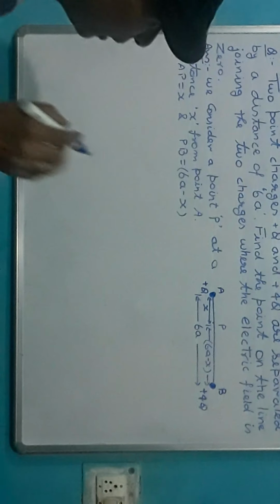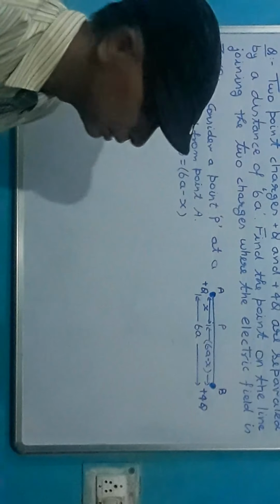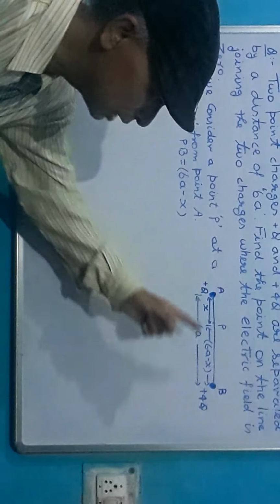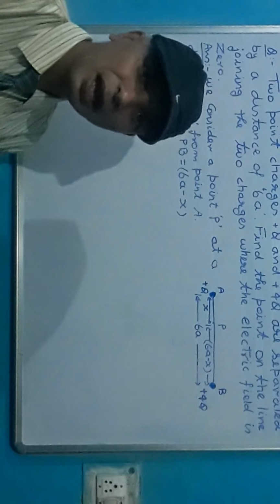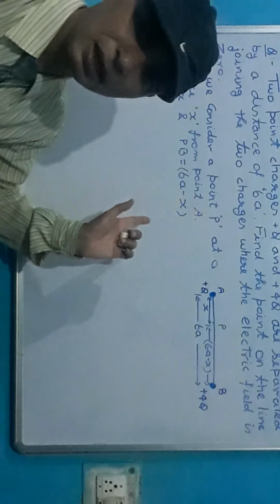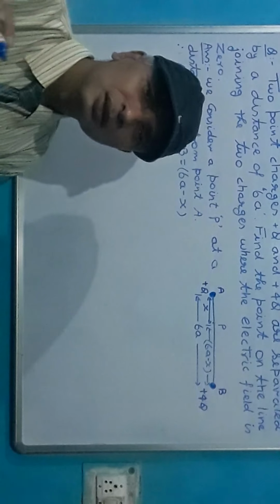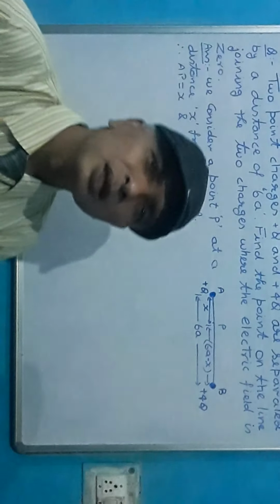Here at point P, the electric field will be due to two point charges, plus q and plus 4q. So the net electric field at point P should be equal to 0. According to the problem, point P is the point at which the intensity of electric field is 0.